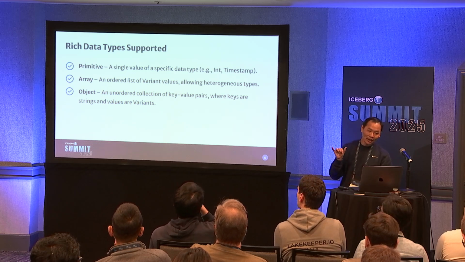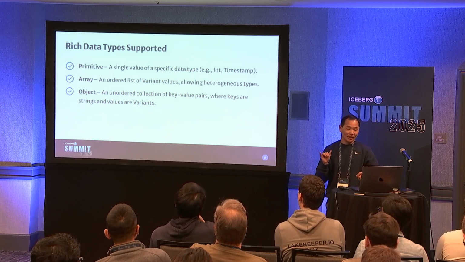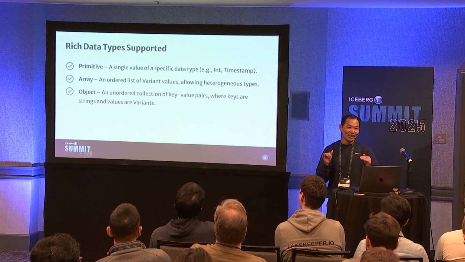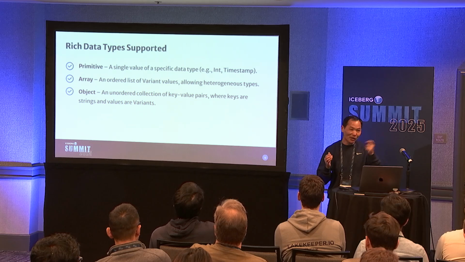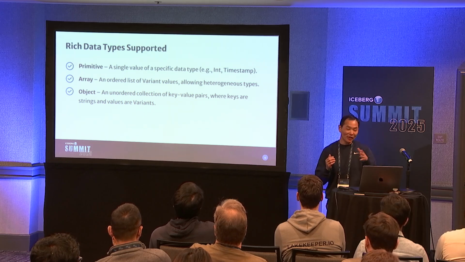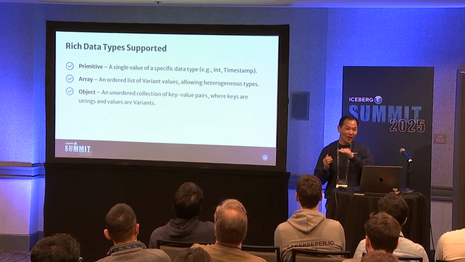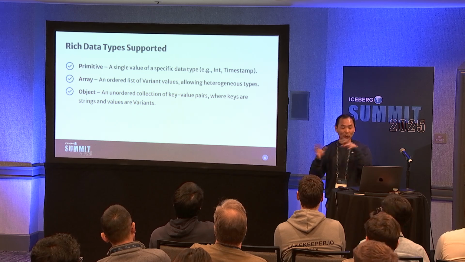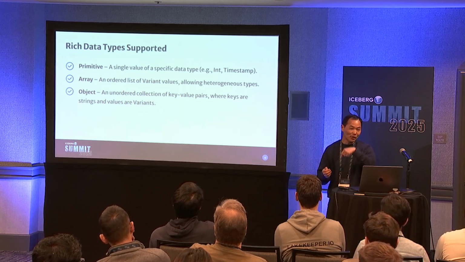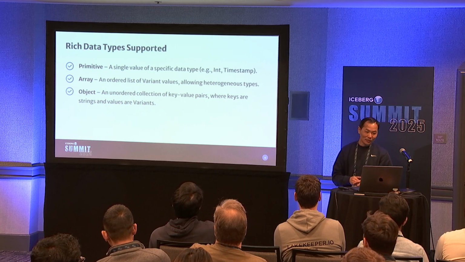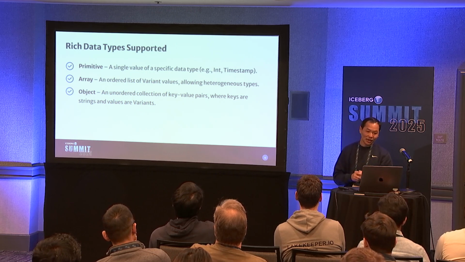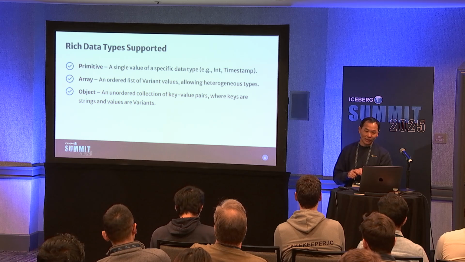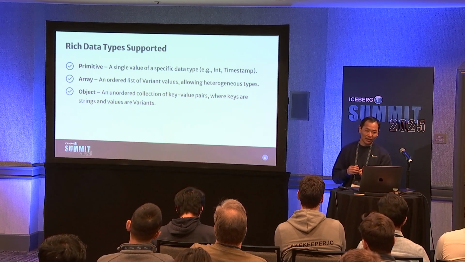Now for that array, it's not just a regular array, like a string array. You can mix int, string, or anything inside the array. It can even be an array itself, a nested array. The third one is object, which is a collection of key values.